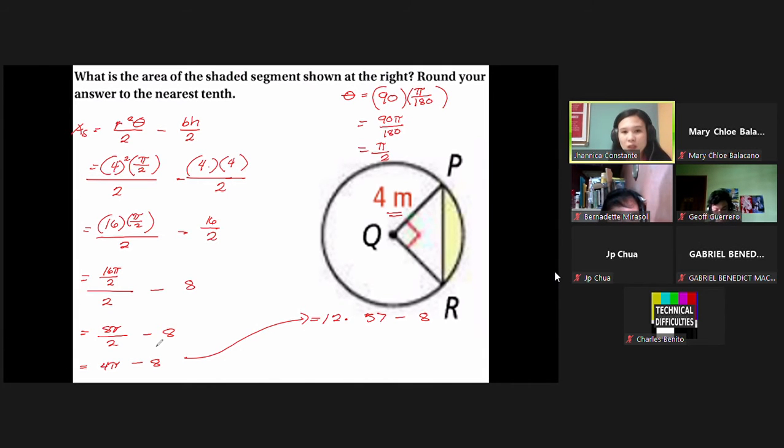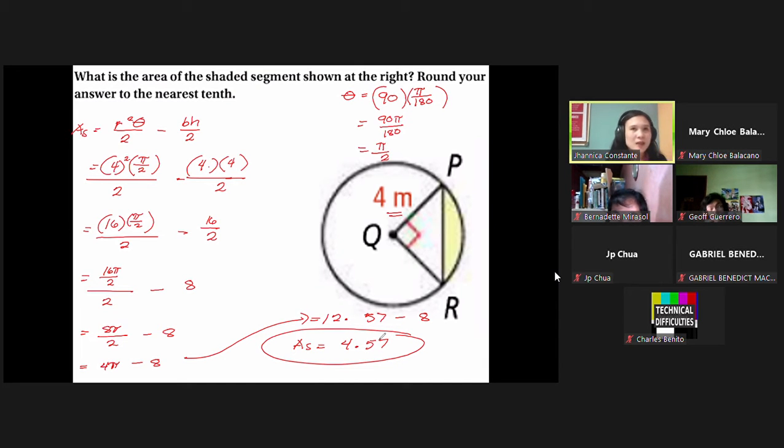We get the 12.57 by multiplying 4 by pi, which gives 12.57. So we have 12.57 minus 8, which is equal to 4.57. So that's the area of the segment that we have in our circle.